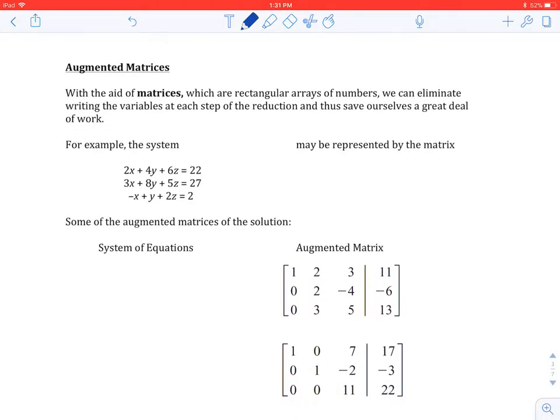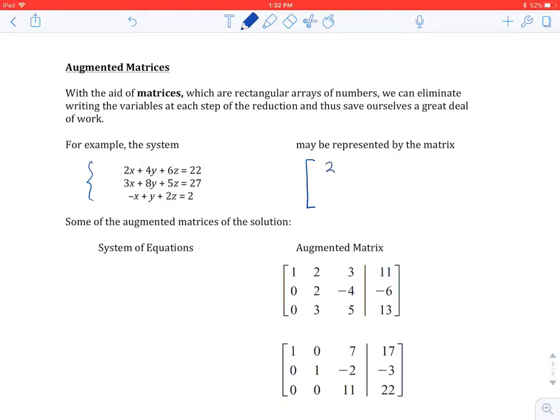So with the aid of matrices, which is just the plural of matrix, a matrix is a rectangular array of numbers. We can eliminate writing all those variables at each step, and we're going to save ourselves a lot of work. So, for example, if we start off with our first system, we're going to write this as a matrix simply by writing down the numbers, the coefficients, with a constant.